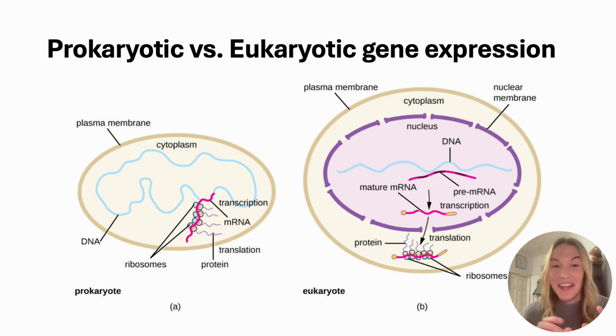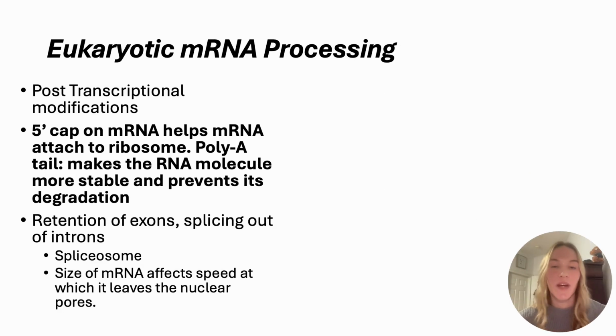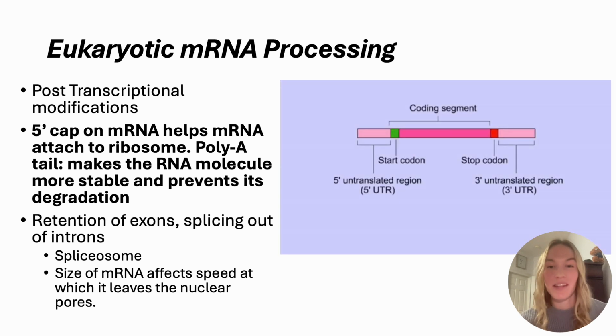Okay, so now that we've laid that foundation, let's start talking about it. The first post-transcriptional modification is the addition of the 5' cap and the 3' poly A tail. So that sounds like a bunch of words, but let's break it down. On the 5' end of this mRNA molecule, we add a GTP, a guanosine triphosphate cap.